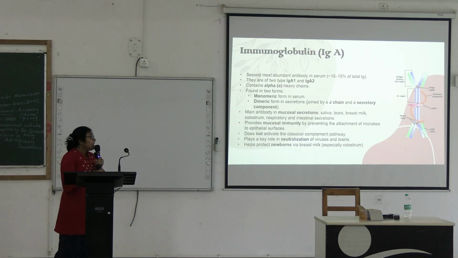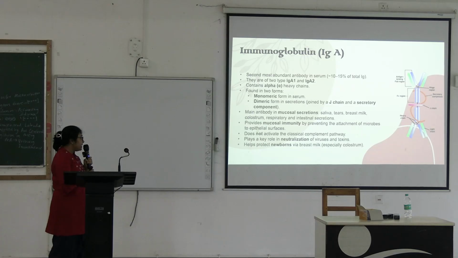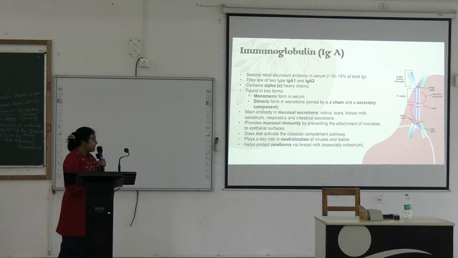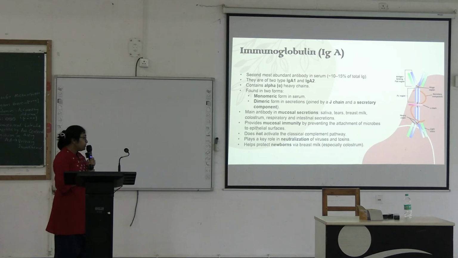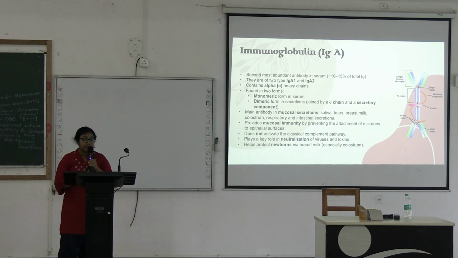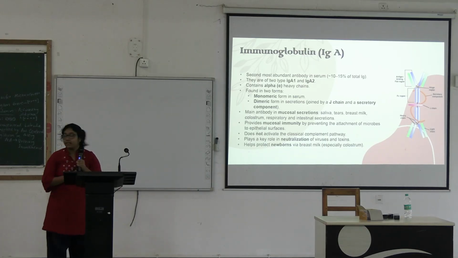Main antibody in mucosal secretions: saliva, tears, breast milk colostrum, and respiratory and intestinal secretions. Provides mucosal immunity by preventing the attachment of microbes to the epithelial cells, does not activate the classical complement pathway, plays a key role in neutralization of viruses and their toxins, and helps protect newborns via breast milk, especially colostrum.